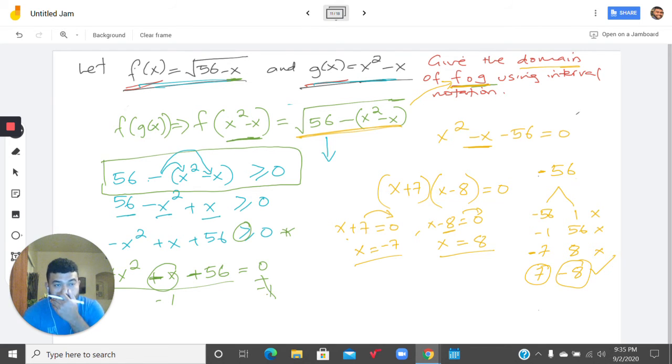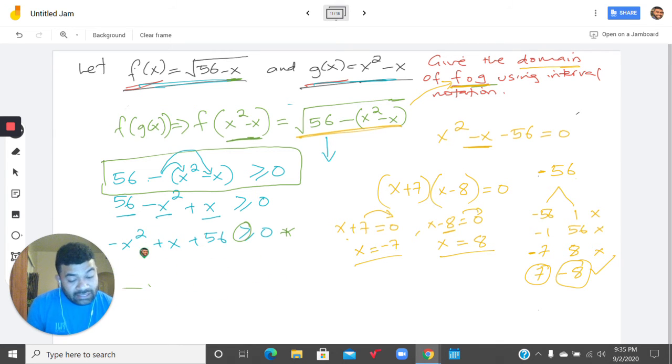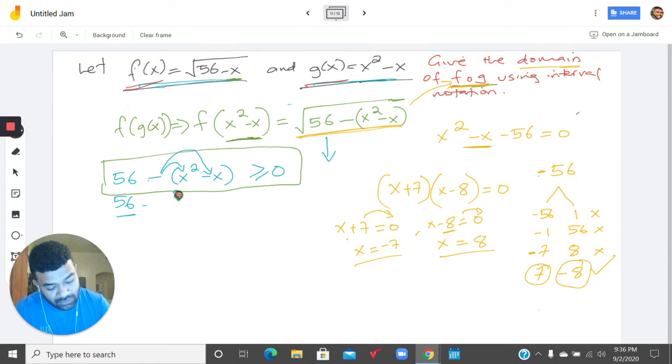So now I'm going to clear this section right here, because we need to prove whether the domain is really between negative 7 and 8, or is it less than negative 7, or is it greater than 8. There are some steps that we're going to go through.